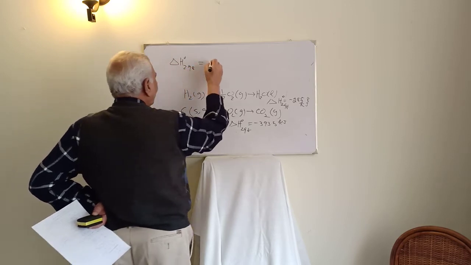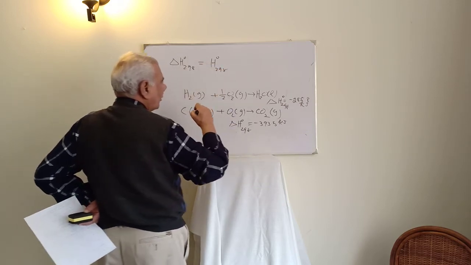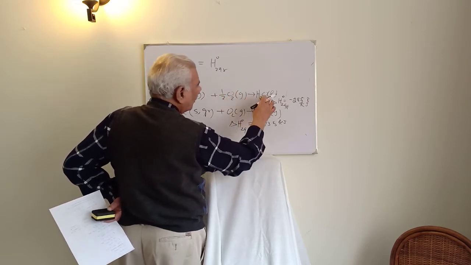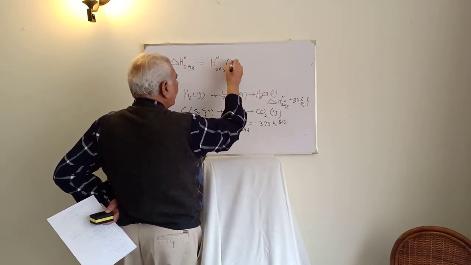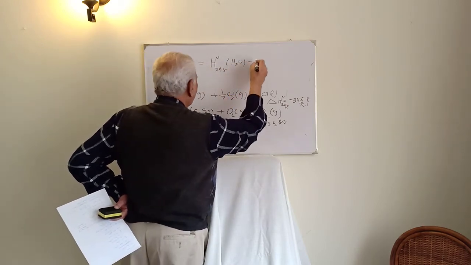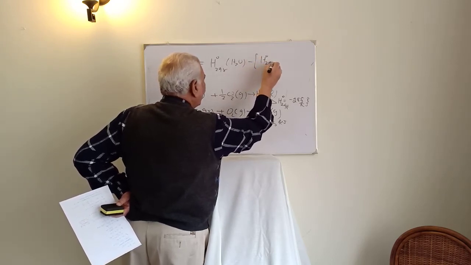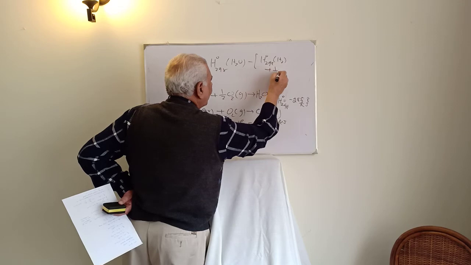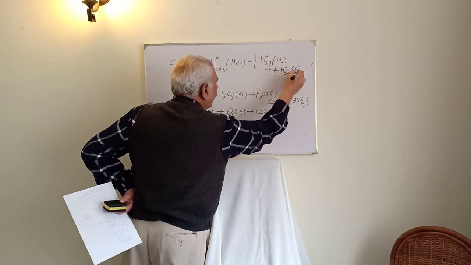Now we can write delta H naught 298 as H naught 298 of H2O minus H naught 298 of H2 plus half H naught 298 of O2.